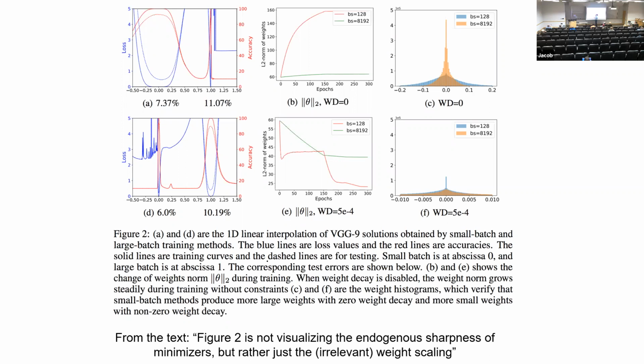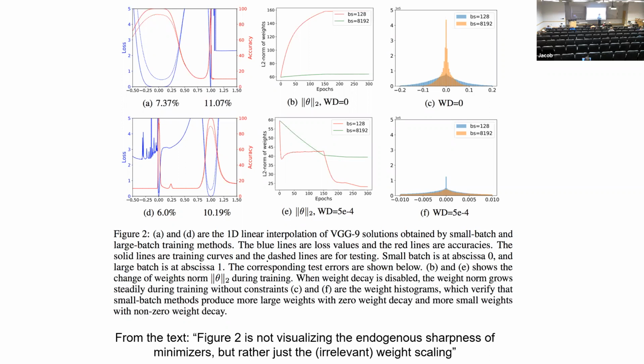However, once we turn on weight decay, what happens? Now we still have small batch on the left, large batch on the right, but which one seems like it has a flatter minima? The large batch now looks like it has a flatter minimum once we turn on weight decay.